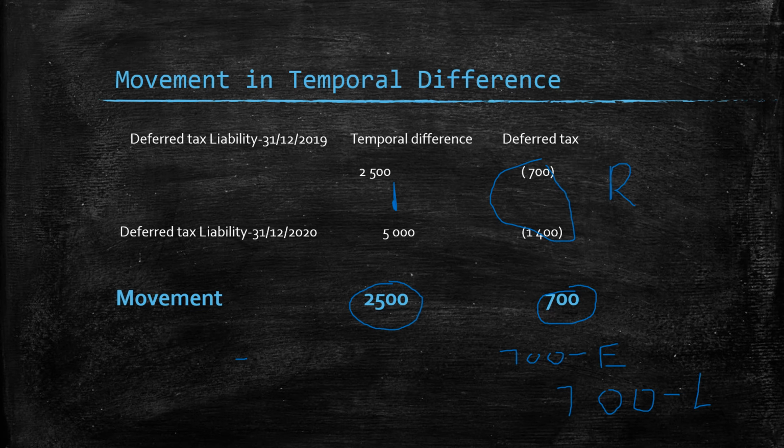Now, the expense is going to be debited at the statement of profit and loss, and the deferred tax liability is going to be credited at the statement of financial position, right? So if you had to do a journal entry, the deferred tax income tax expense of 700 rands would be debited to the profit and loss statement, and the deferred tax liability would be credited to the statement of financial position or a balance sheet.